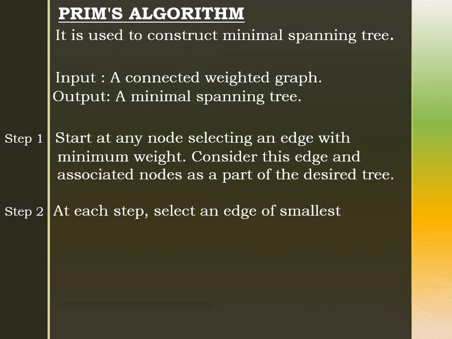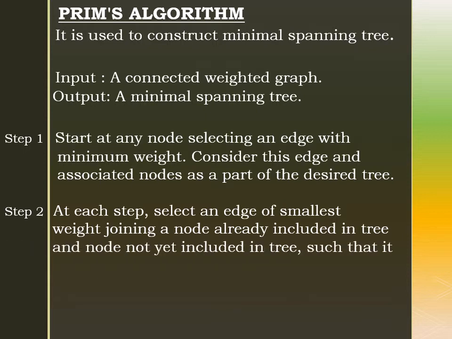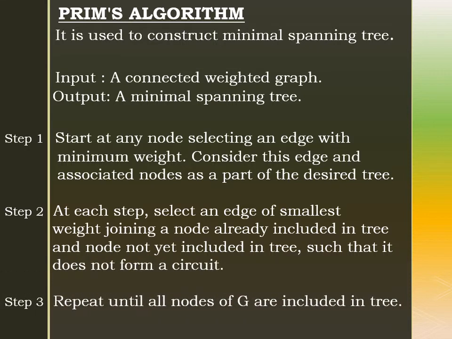At each step, we go on selecting a node which is connected with the smallest weight, joining a node already present in the spanning tree. Again, we need to take care that this does not form a circuit. We repeat this step until all the vertices of graph G are included in the tree, and we stop the algorithm at this point.